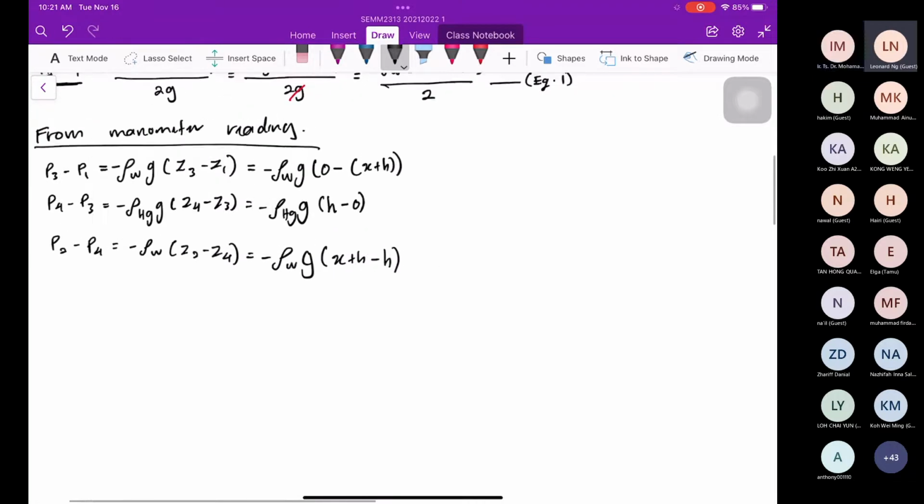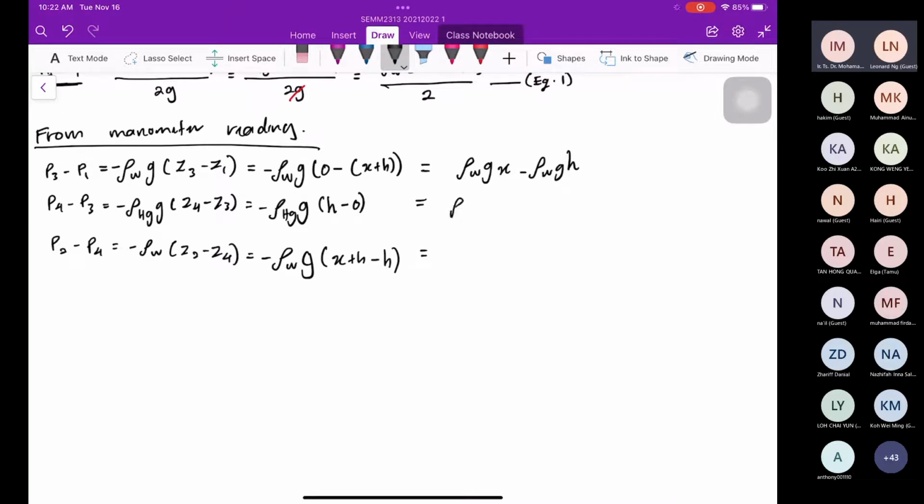Alright. So from here, negative rho of water, gravity. This is positive, yeah. Positive rho of water, gravity, X. Positive, negative, rho of water, gravity, H. I expand only, very simple.